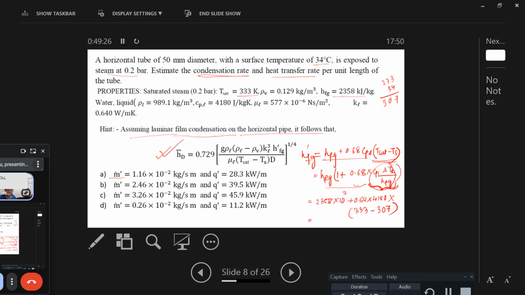Okay, so 2431902. That means 2.4 into 10 to the power 6 joule per kg. All right.